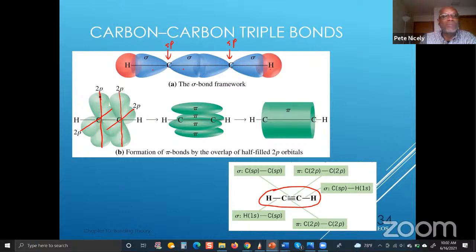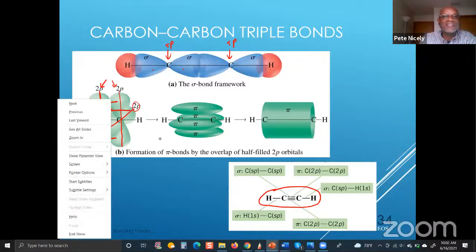So these two p orbitals that are parallel to each other will overlap like that. And the other two p orbitals, namely this one and this one, will overlap sideways, and it's kind of hard to see on the other side, but like that, all right?